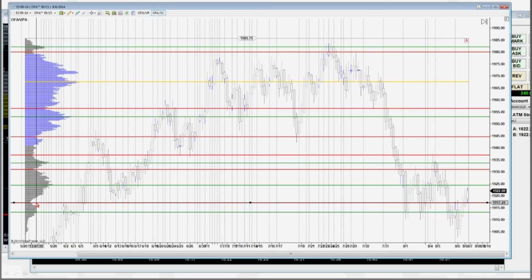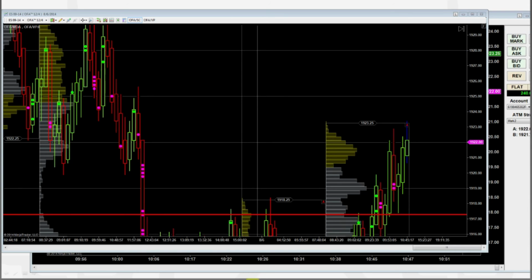Now remember, all a low volume area is, is an unfair high and an unfair low. The day confirmed a little bit of a low volume area, but once price gets above that level with any kind of strength, I'm looking at it as an unfair low.